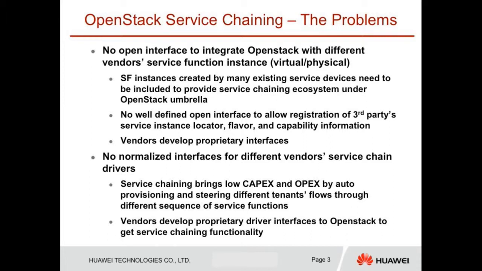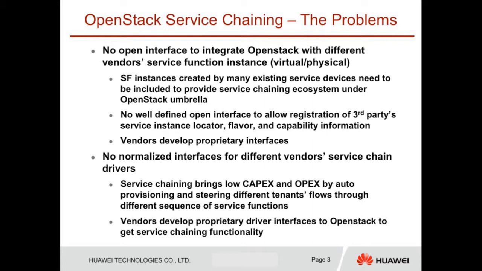We think there are two issues that need to be addressed before the service chaining solution can really be deployed in real user scenarios. The first issue is we need an open interface to integrate service VMs that are instantiated by a third party outside of OpenStack.